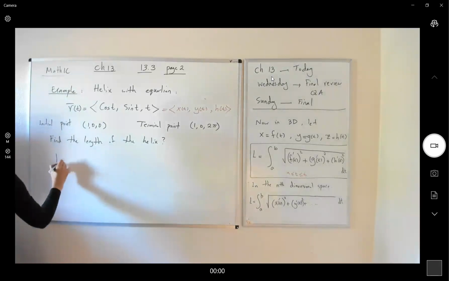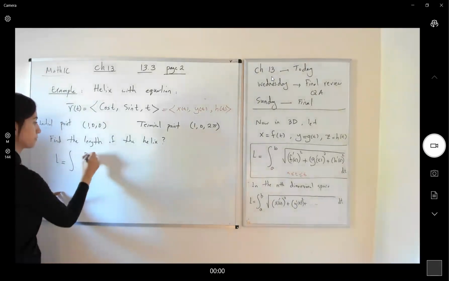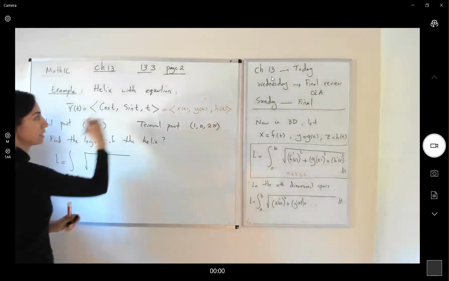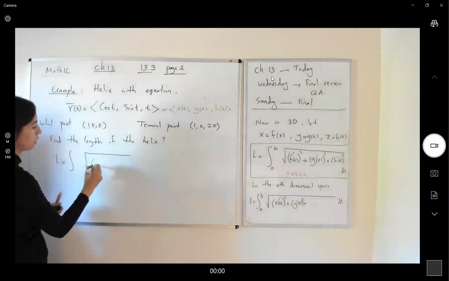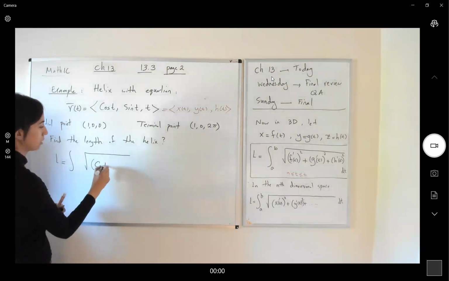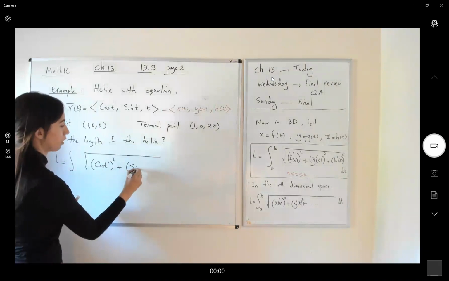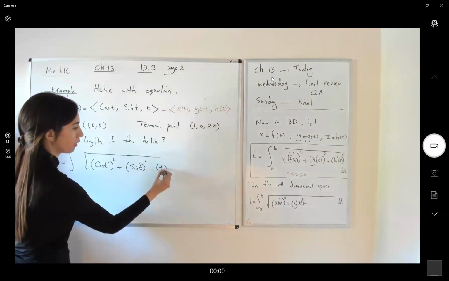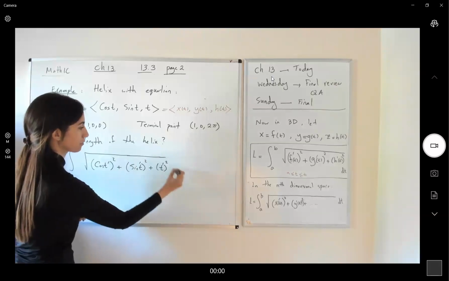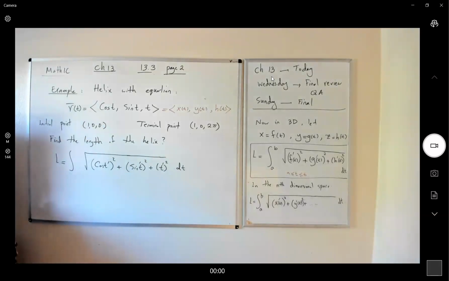The length is equal to the integral, lower bound, upper bound, we're going to talk about that, of the square root of the first coordinate raised to the second power with respect to derivative, so the derivative of cosine t squared plus the derivative of sine t squared plus the derivative of t squared, dt. Okay, perfect.